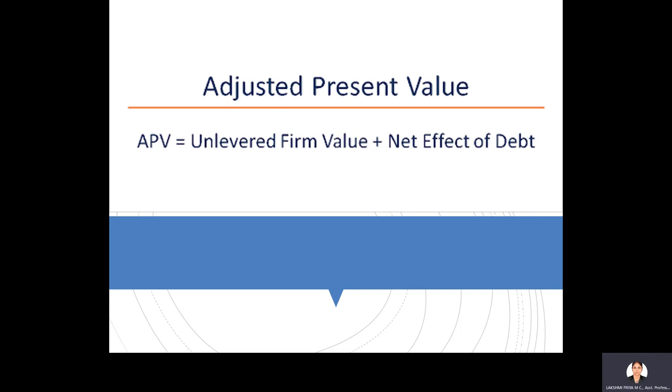Also, the present value of interest tax shield during the planning period is calculated, and the present value of cash flows during the planning period is arrived at using the formula. We then estimate the terminal value of the firm at the end of the planning period by applying WACC, the weighted average cost of capital, beyond the planning period.